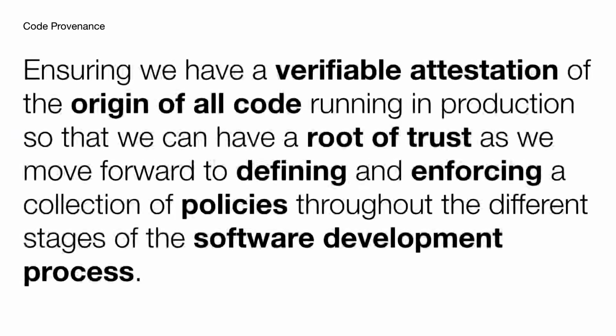So to us, code provenance is ensuring that we have a verifiable attestation of the origin of all code running in production so that we can have a root of trust as we move forward to define and enforce a collection of policies throughout the different stages of the software development process. You guys get all that? All right, we're done. That's it.